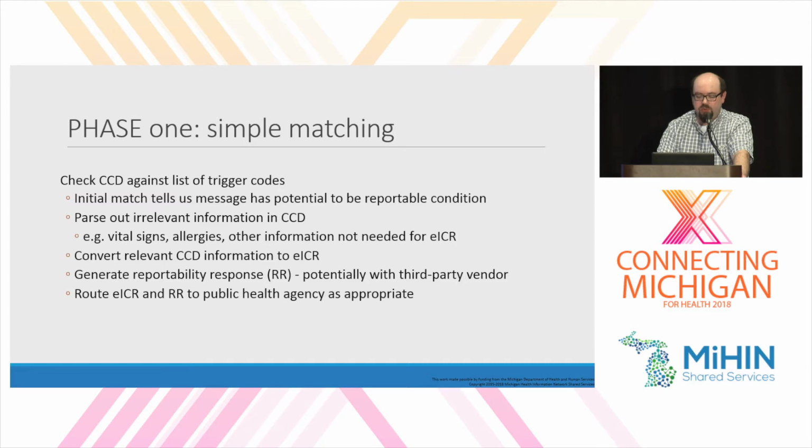So let's create an EICR out of this information that's here, convert the relevant information, generate a reportable response that heads back to the vendor that had initially sent the CCD, so they're aware that they have a condition that's been reported to us, and of course route that information off to us.